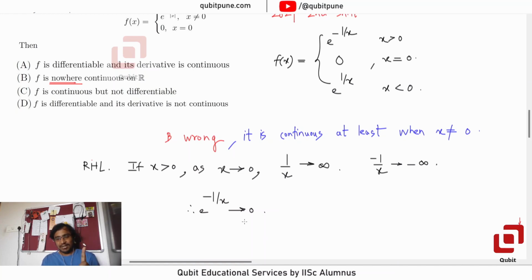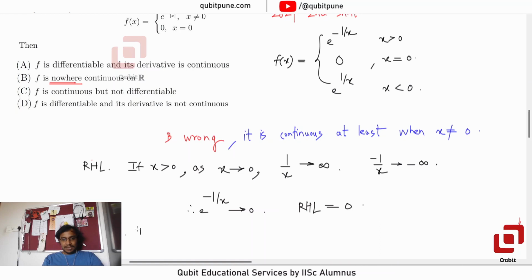If x is positive, 1 upon x will also be positive, and if x approaches 0, 1 upon x will tend to infinity, negative 1 upon x will tend to negative infinity, and e raised to negative 1 upon x will tend to 0. So the RHL is 0. So at least it is continuous from the right. Now is it continuous from the left also?